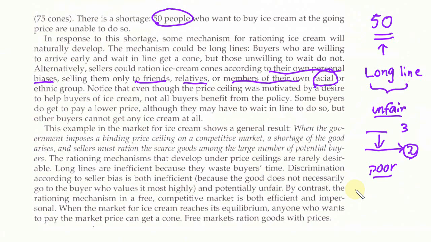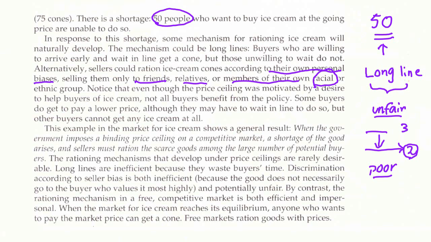Not all buyers benefit from the policy. Some buyers do get to pay a lower price, though they may have to wait in line to do so, but other buyers can't get any ice cream at all.